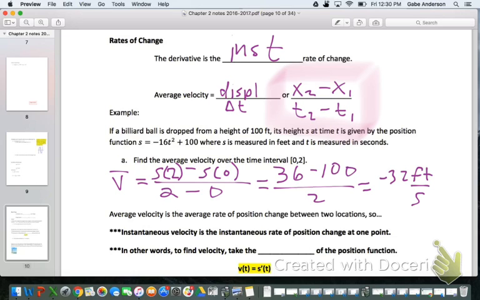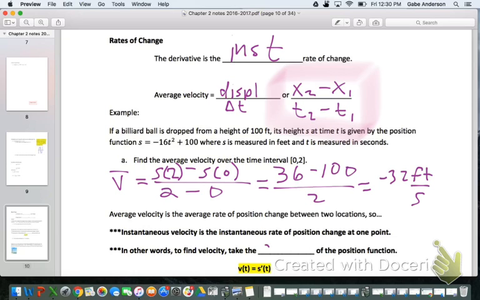Okay. So let's see if we can take a little bit of a turn towards calculus. Let's go through some of these little fill in the blanks. First statement says average velocity is the average rate of position change between two locations. So instantaneous velocity would be the instantaneous rate of position change at a single point in time, right? In other words, to find velocity, take the derivative.